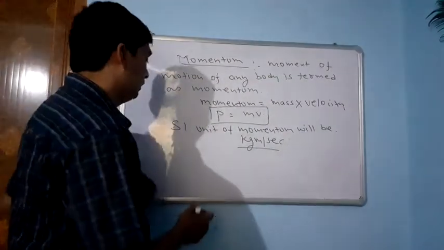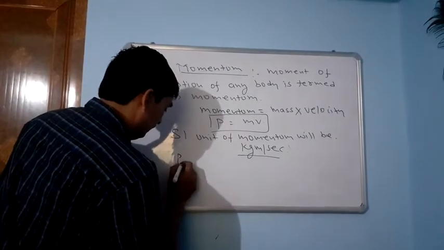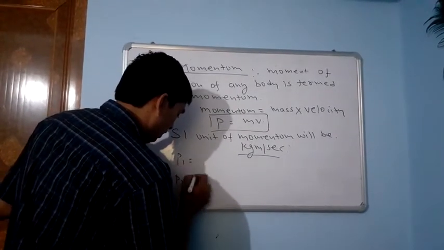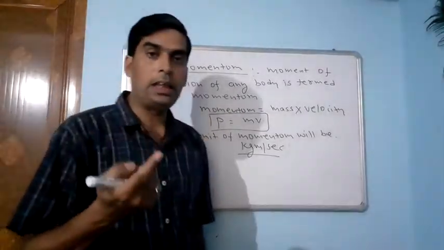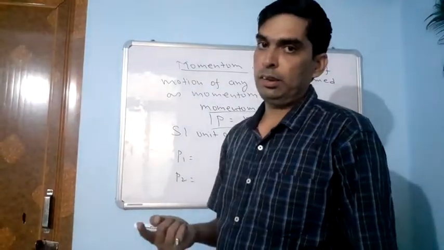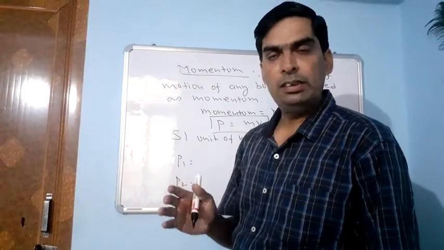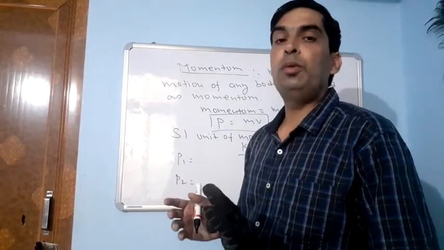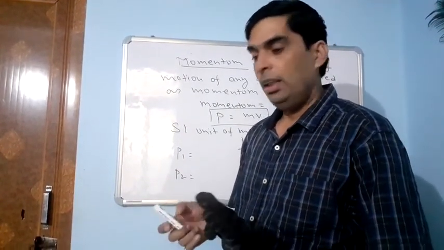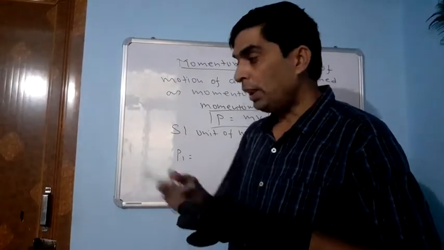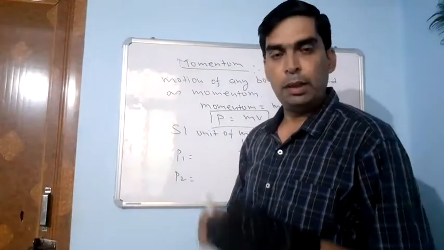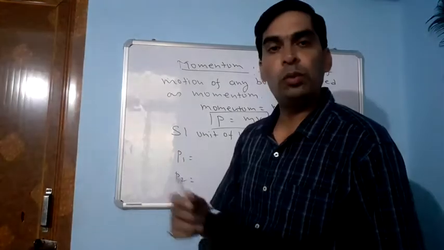I'm giving a practical example. Let there be two vehicles, one a bicycle and another a truck. The bicycle is moving with a speed of 10 meters per second, suppose, and the truck is also moving with a speed of 10 meters per second. Now the bicycle and the truck both are colliding with a wall.